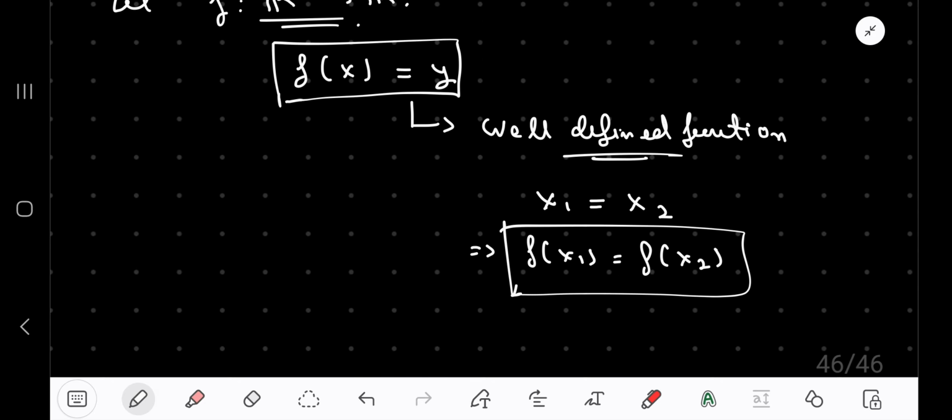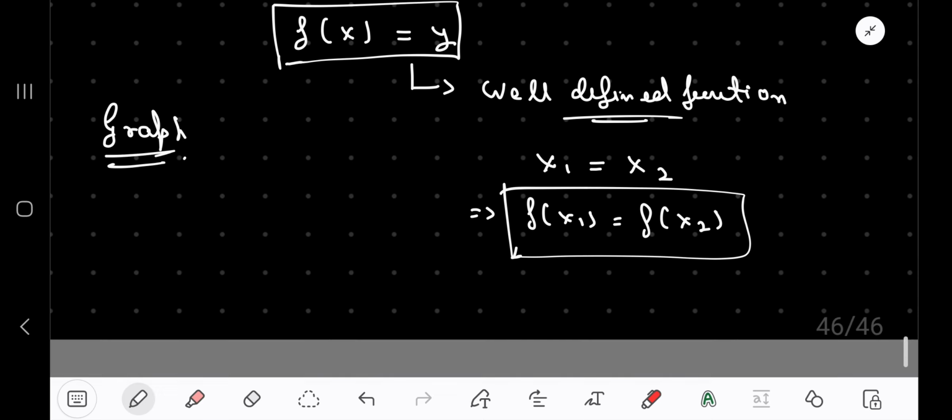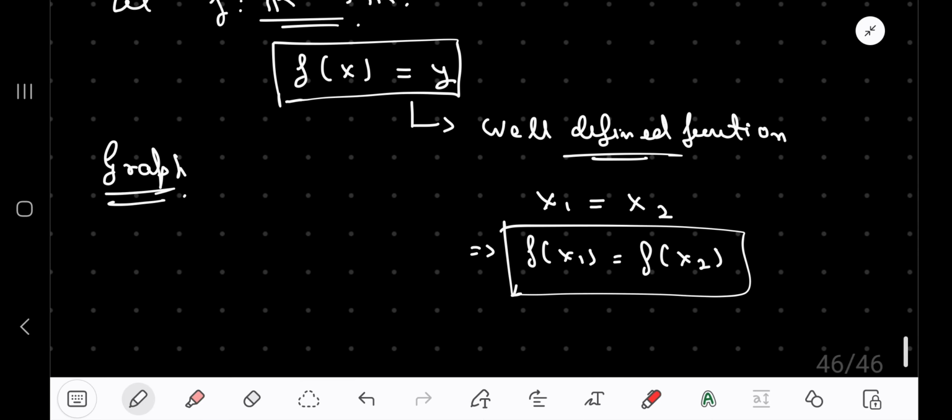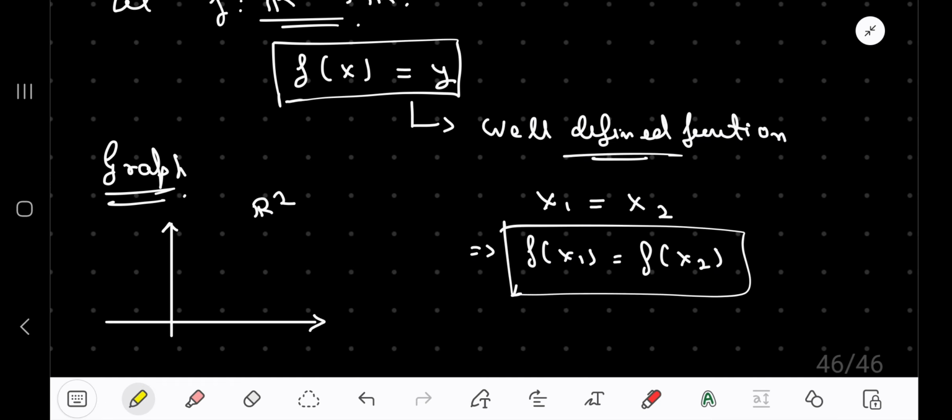And the other important notion whenever you talk about functions is the notion of a graph. And what is a graph technically? If I talk strictly geometrically, you take the Euclidean plane, the usual R2 plane, and you start plotting the function by choosing the y's and the x, and these are things you already know.